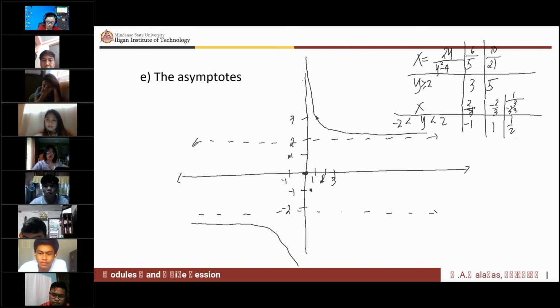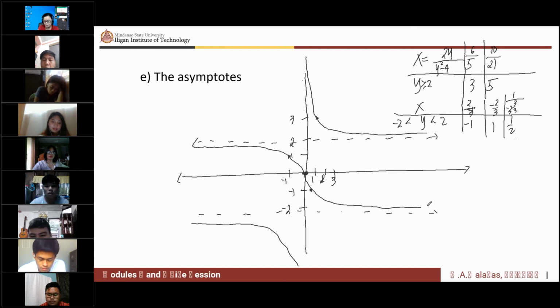So 1/2 is here. If you continue, you can use your calculator. It's not as easy as sketching the graph this way, but it becomes easier because of those aids in graphing.